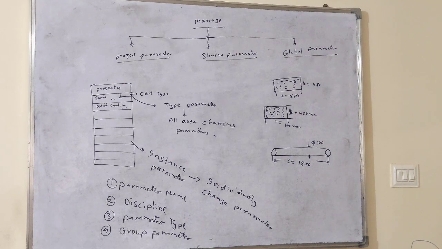The difference is that in edit type, if you edit something on one entity, it is reflected on the whole type. But in instance, if you change something, it affects only that entity. So instance is individual, unique changing of the property, but edit type changes it entirely.